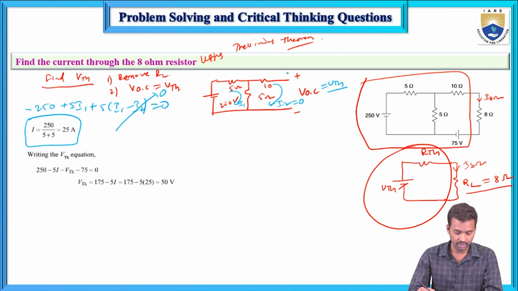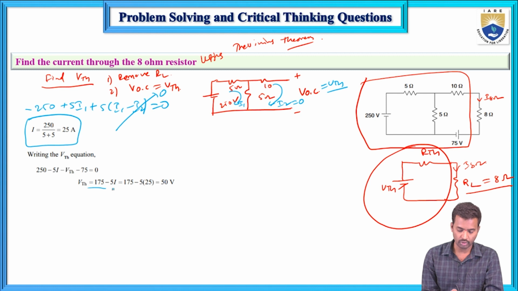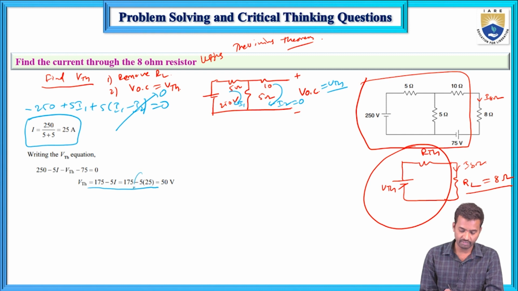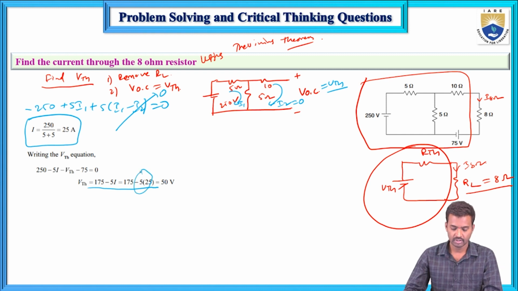Where is the 75? This one. 175 minus 5 into I1 equals 175 minus 5 into 25, which equals 50 volts.